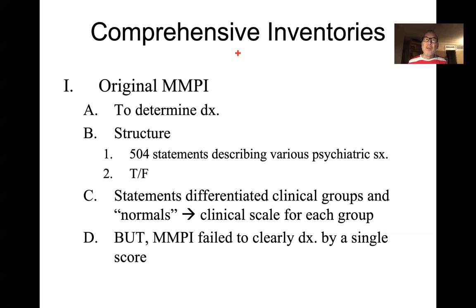Okay, the original one consisted of 504 items that subjects would endorse either true or false. The statements differentiated clinical and normals, and from the test they were able to generate different factors, about 10 clinical factors, and there are other factors related to faking and response styles.